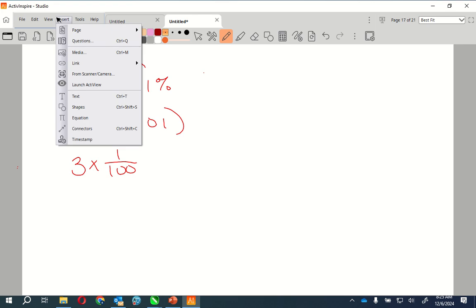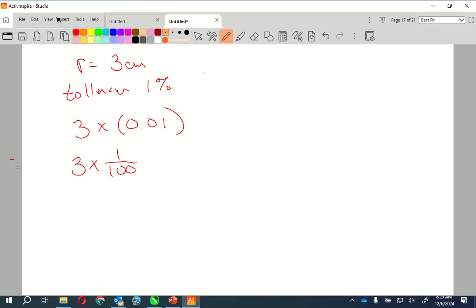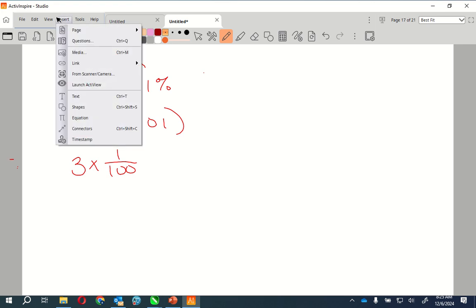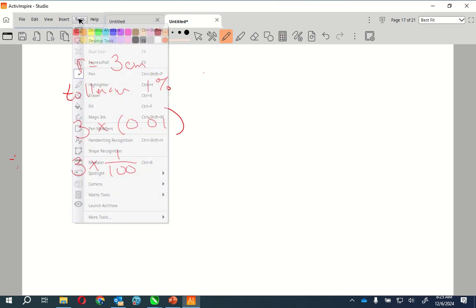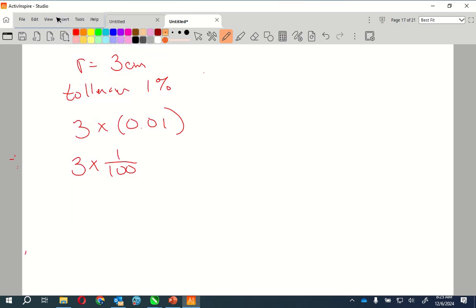So this is probably going to be the more helpful way of actually doing it, because you might actually have to do some weird decimal type of. Wait, no, sorry. Anyway, so there we go.